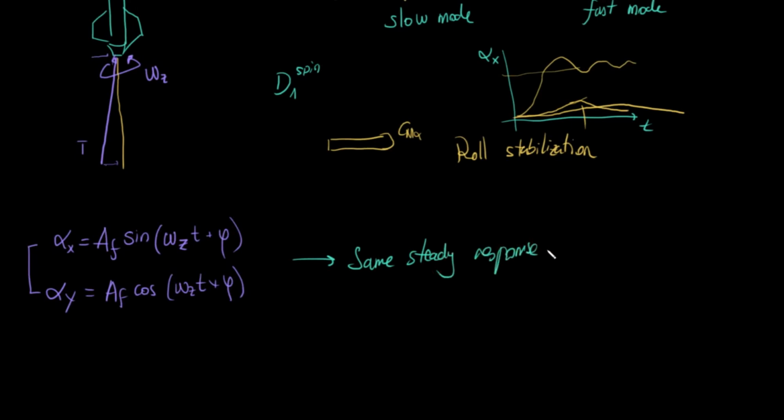Not quite the same. You can check Mandel, but with all the simplifications we made, we can conclude that it's going to have the same natural frequency and the same damping ratio and the same gain. How do I call gain? I think I just call it K. It's going to be practically the same.